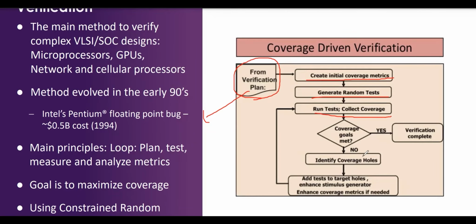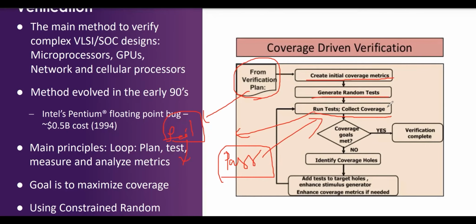Run the test, collect the coverage means we already developed the test case and we are running it. If the test passes, then we can send it to the coverage. If the test fails, for failed test cases we cannot observe the coverage, right? Because the functionality will not be met. So we need to pass it by fixing the errors.